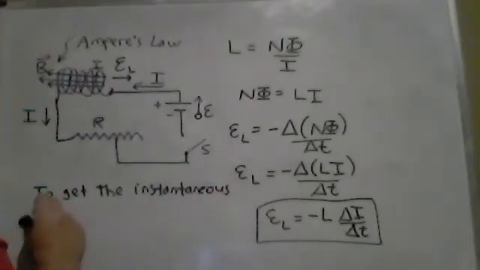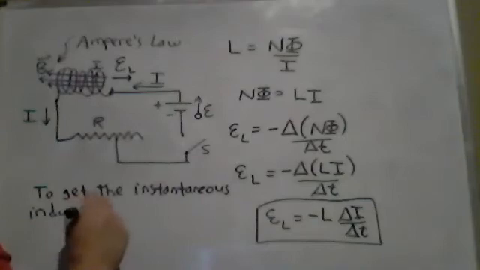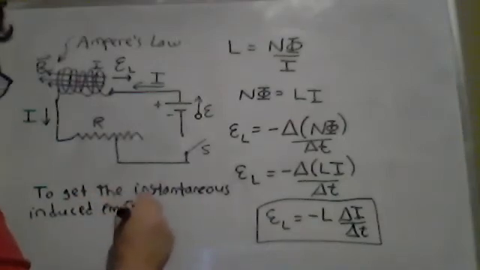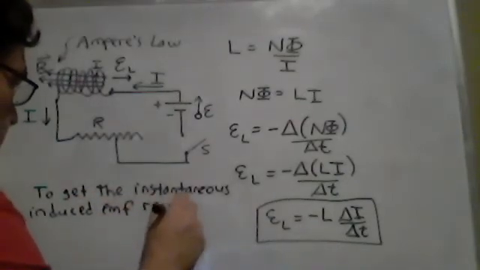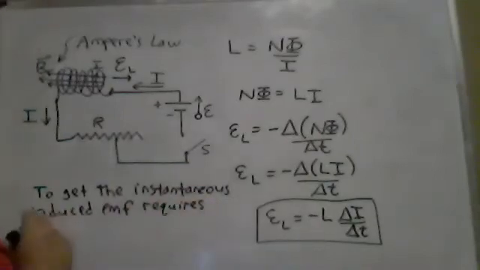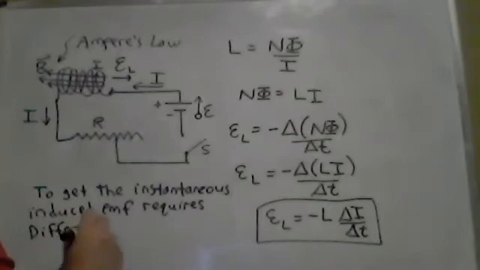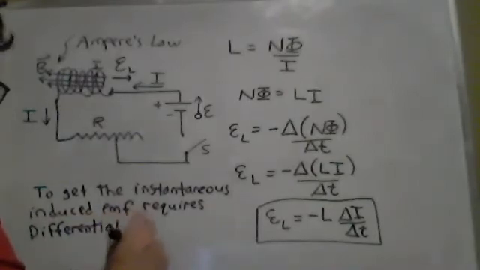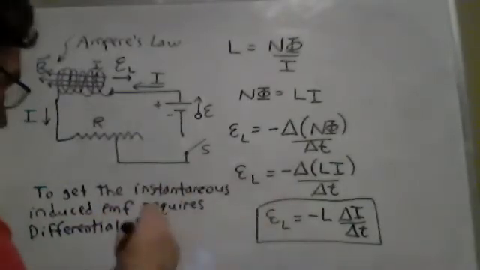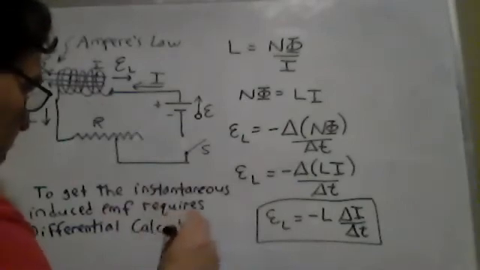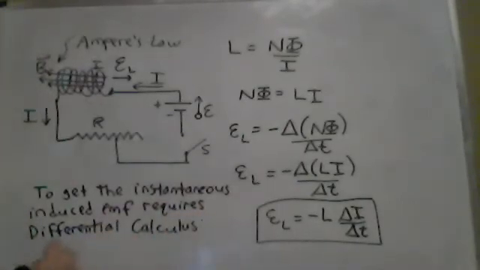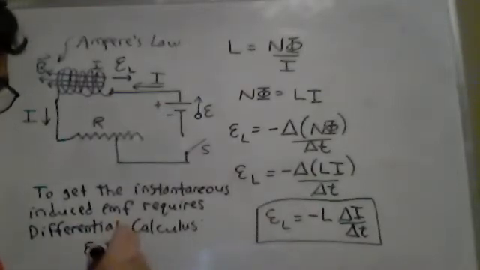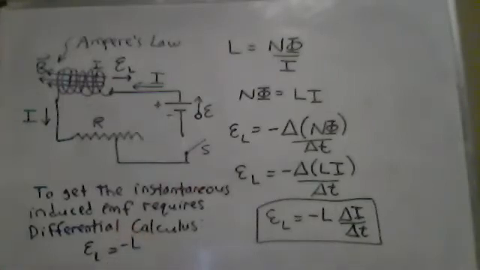So I would substitute my deltas for d's, and I would then say that the EMF epsilon sub L is negative L dI/dt.